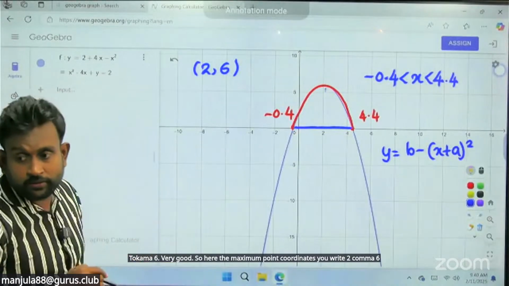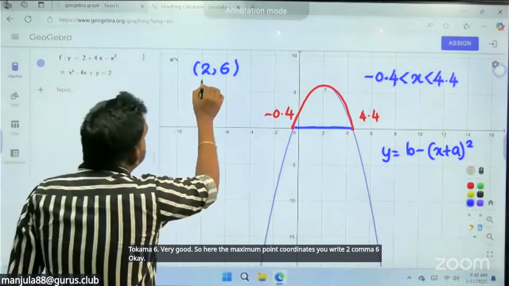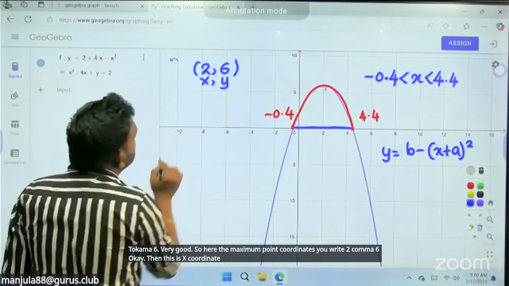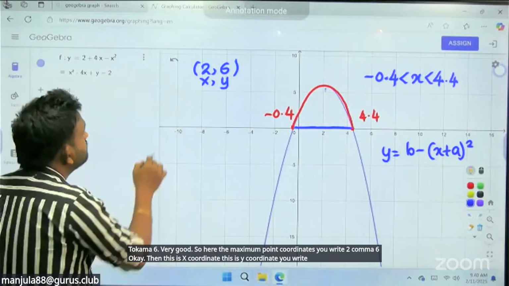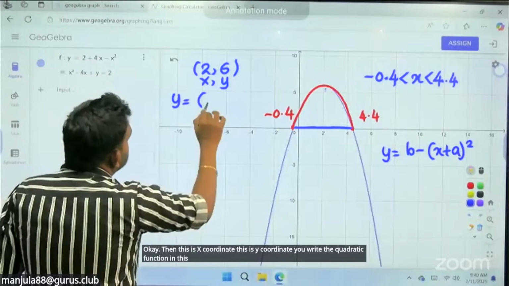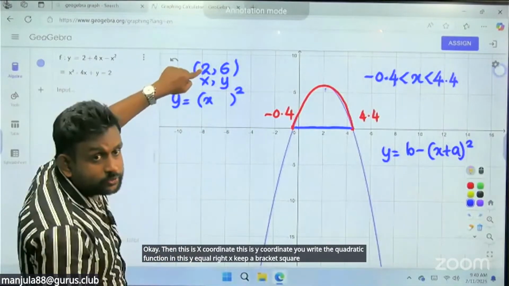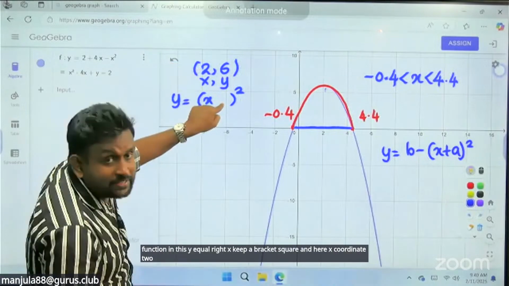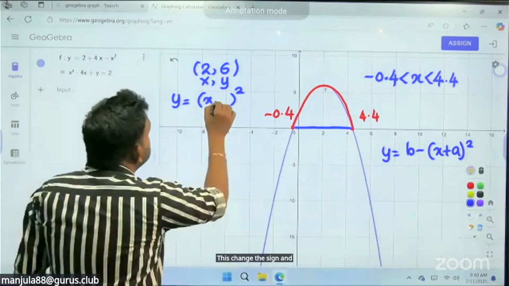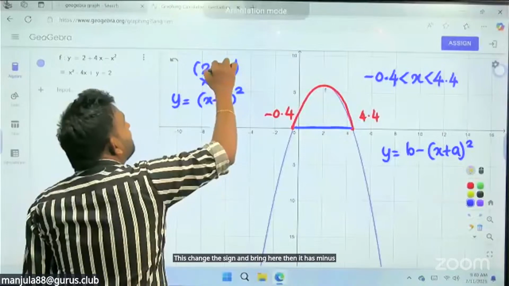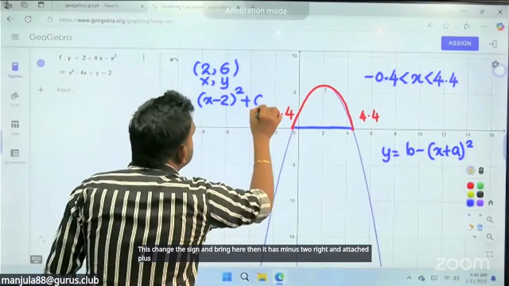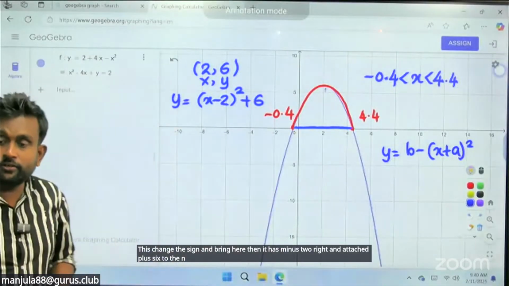Then this is the x coordinate, this is the y coordinate. You write the quadratic function in this way: y equals x, keep a bracket squared, and here the x coordinate 2, change the sign and bring it here, so it has -2, and attach +6 to the end, as the y coordinate, no change.